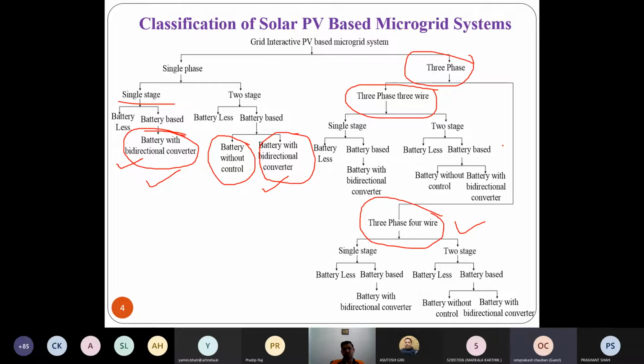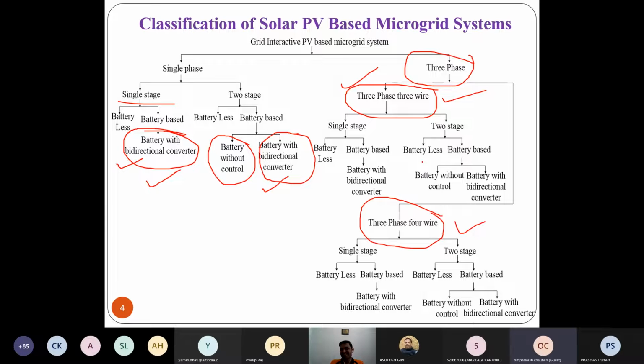There is unbalanced load in that case. So there is huge demand to mitigate this neutral current. Okay, neutral current compensation is also required. So we cannot feed these combined loads using a three phase 3 wire topology. Otherwise, neutral current compensation cannot be done using a three phase 3 wire topology.